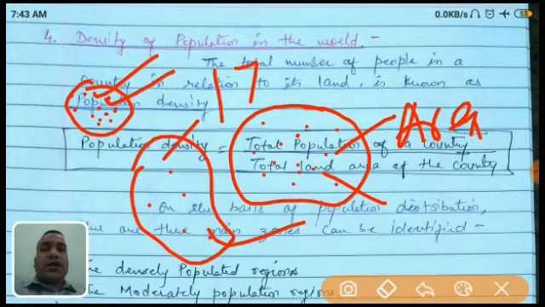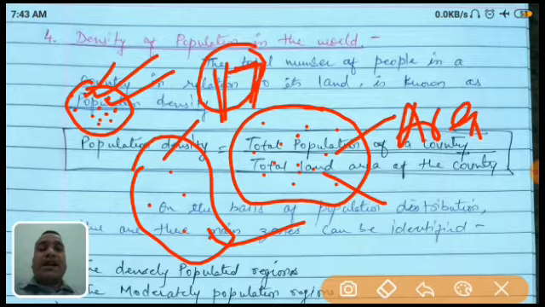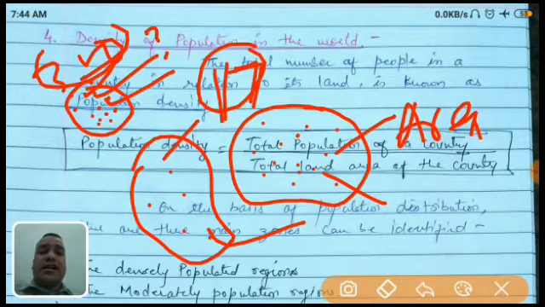On the place of Bihar it is approximately 386 or something like that. This is the difference between those areas. There are many factors we will discuss in this module.